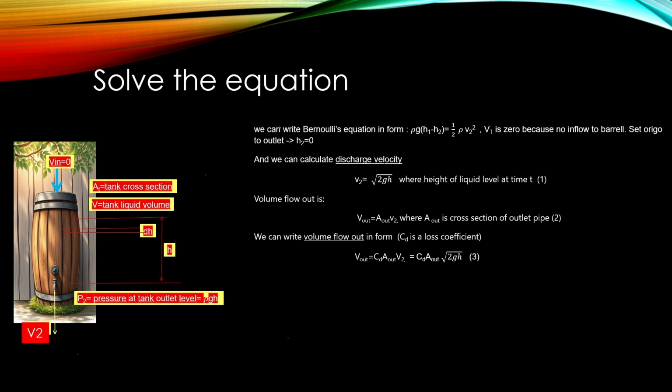And typically we add so-called loss coefficient to take into account the pressure loss in our outlet piping. And normally this so-called CD value is at level 0.6, 0.7. So the pressure loss at outlet piping is typically quite high.